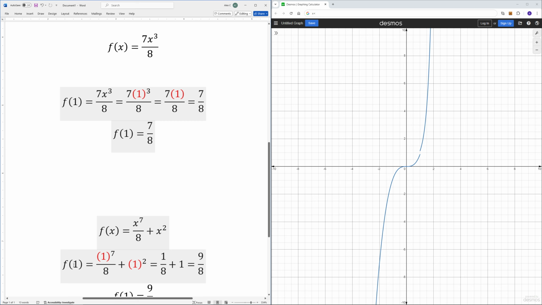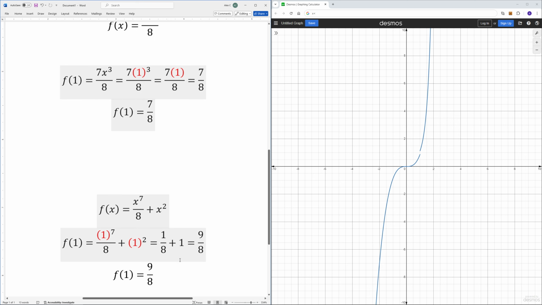Again, we're going to take the limiting domain, which is 1 inclusive: 1 to the 7th power over 8 plus 1 squared. 1 to the 7th power is 1, divided by 8, plus 1 squared is 1. 1/8 plus 1 equals 9/8.